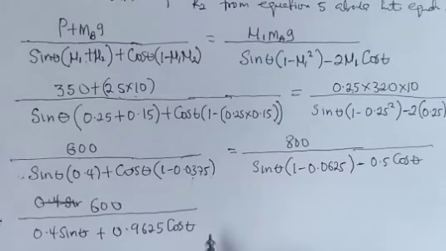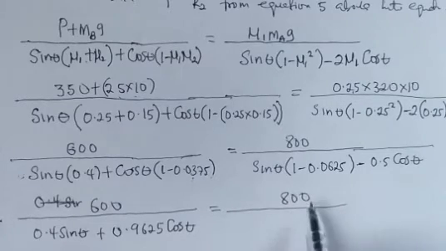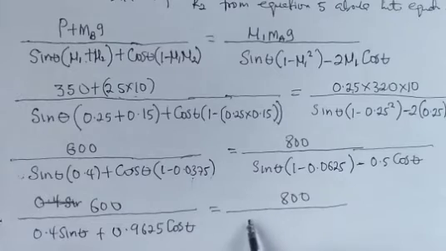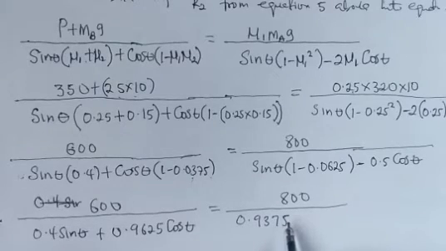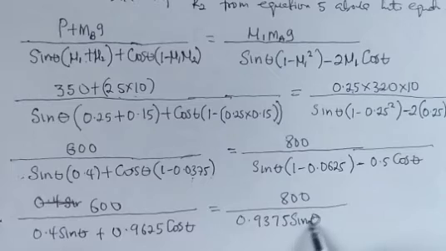I will arrange that. So equals 800 all over 1 minus 0.0625, which will give you 0.9375. So sine theta, I took it to the front, 0.9375 sine theta minus 0.5 cos theta.